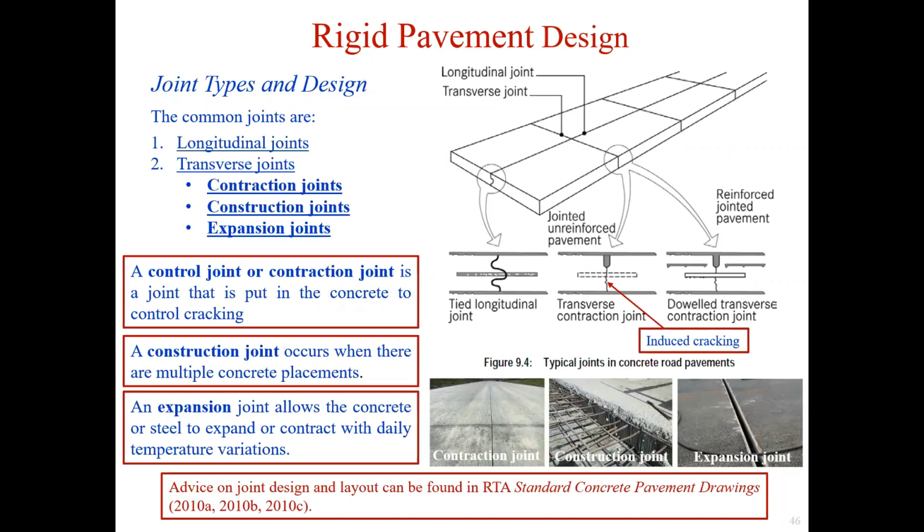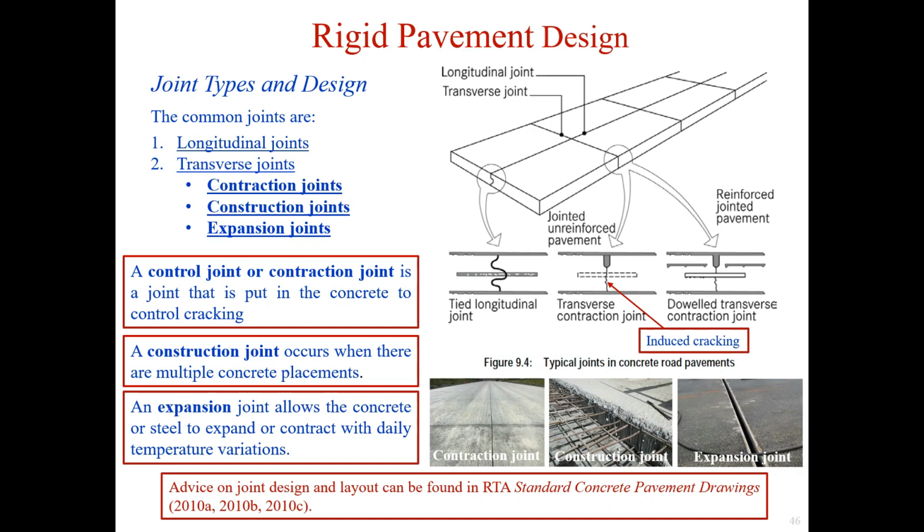Now I would like to talk a bit more about the joints. There are two basic types of stresses which may be present in a concrete pavement: the stresses induced by externally applied loads resulting from traffic using the pavement, and the stresses within the pavement resulting from contraction and expansion movements and differential moisture and temperature changes within the depths of the pavement.